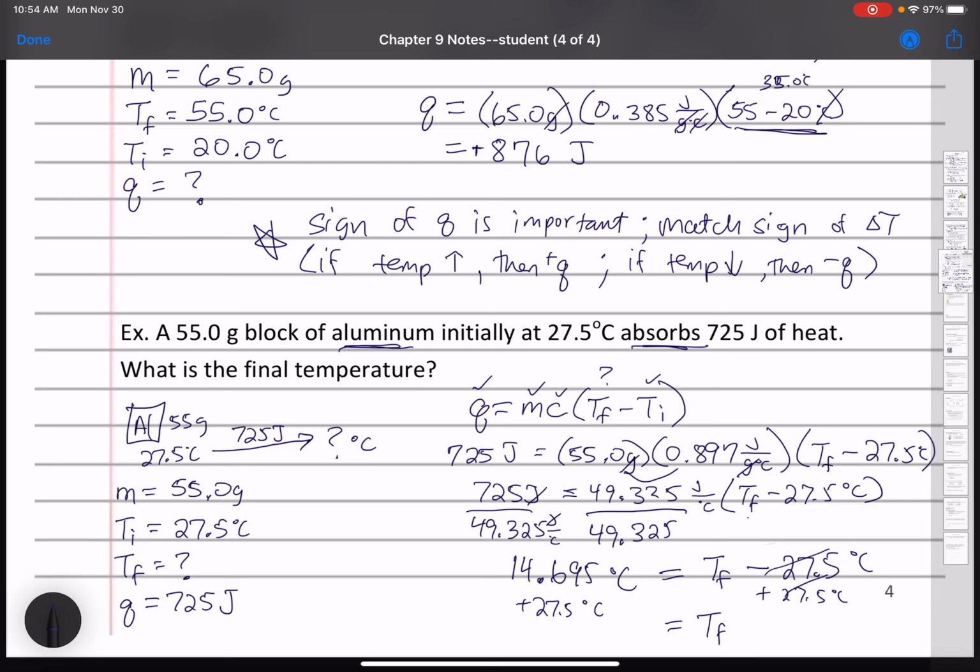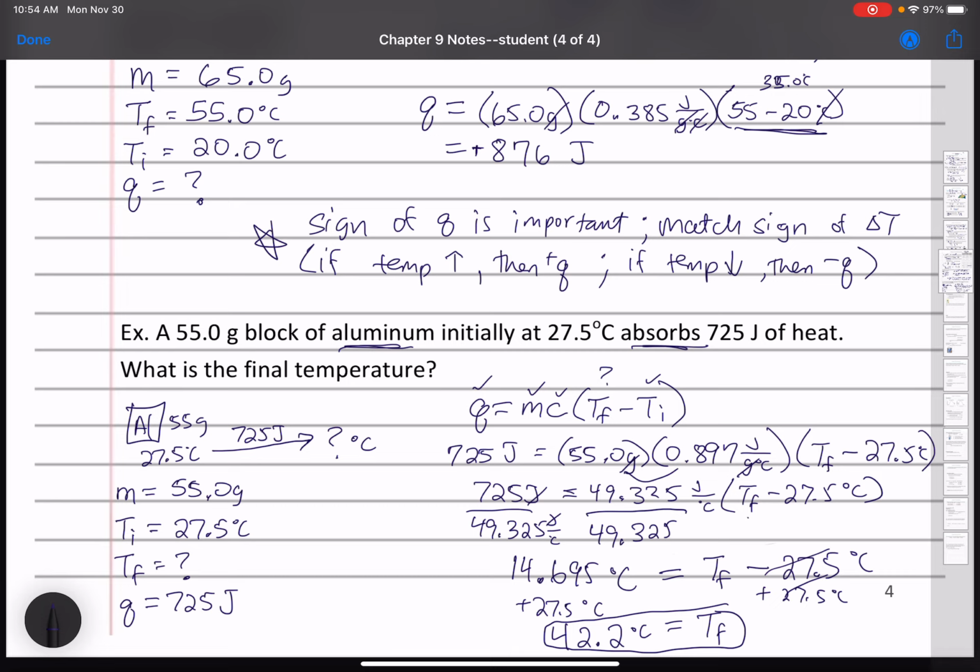And we get a final temperature of 14.695 plus 27.5. Now I'm going to round my answer to 3 sig figs, so 42.2 degrees Celsius. And that makes sense. It's a higher temperature. We did expect the temperature to go up. So the final temperature that we solved for was 42.2 degrees Celsius.